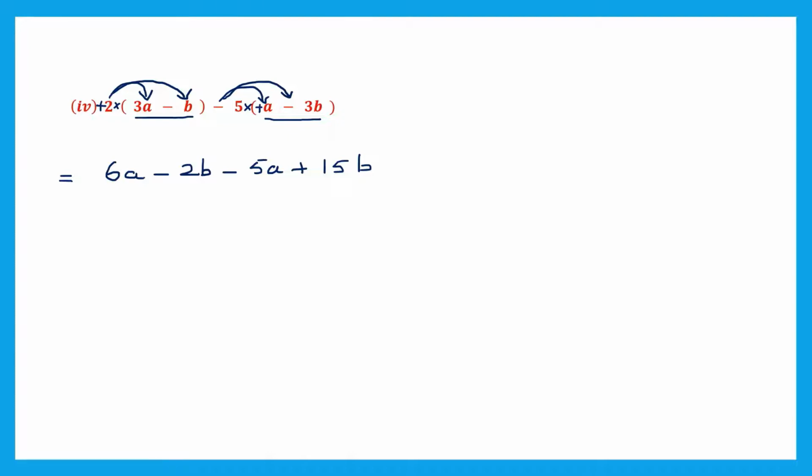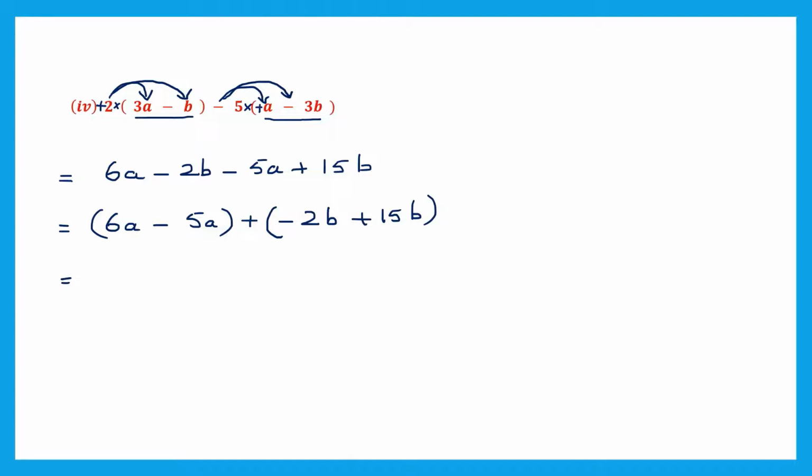I'm going to group the like terms together. So I'm going to put the a's together. So I have 6a minus 5a. So I have got the like terms together. Now let me put the other set of like terms, that is the b's. I have minus 2b plus 15b.